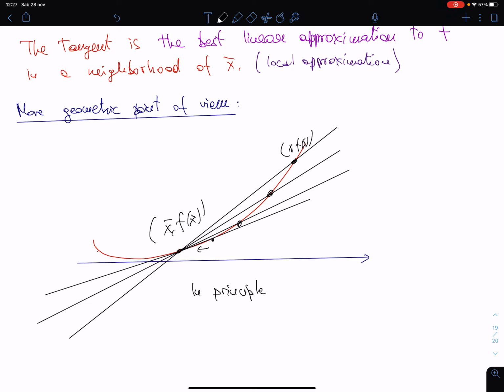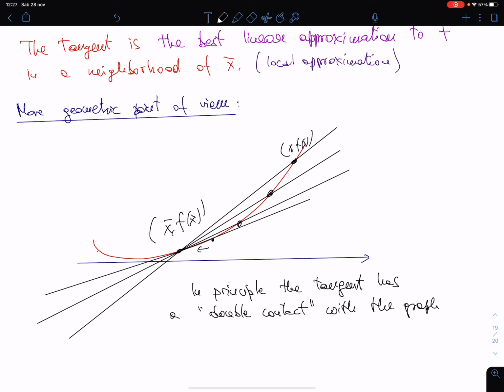So in principle, what happens is that the tangent has a double contact with the graph at the point x bar, f of x bar.